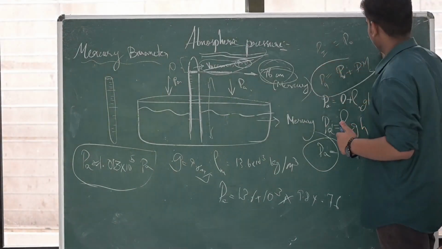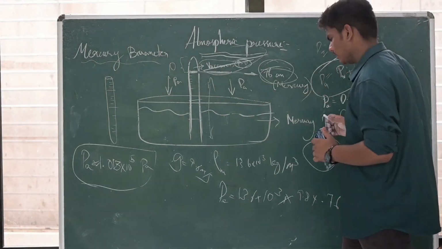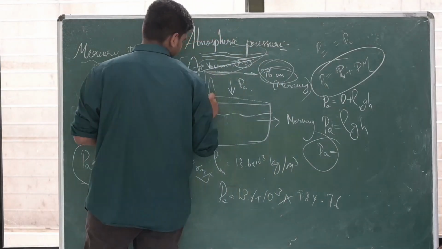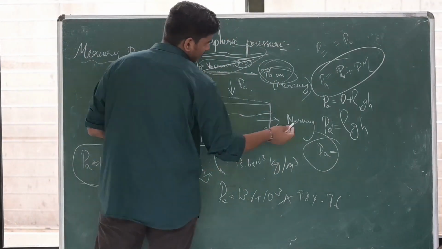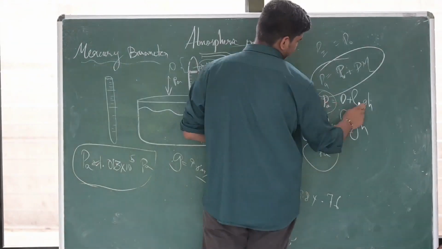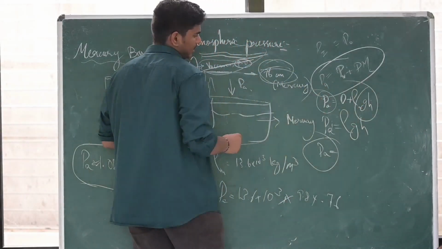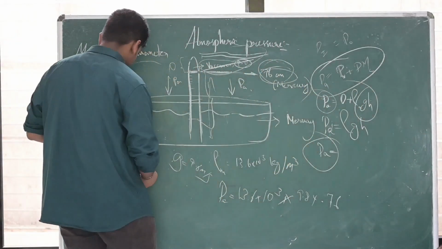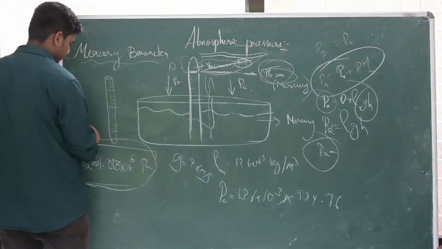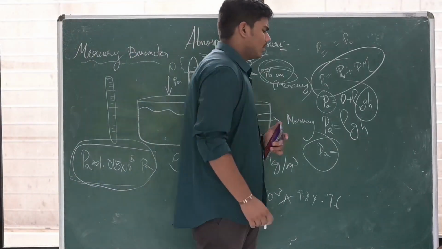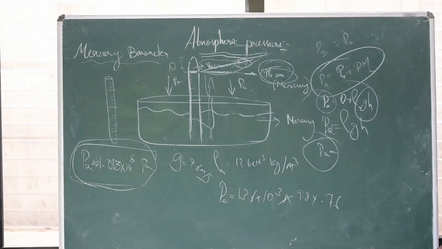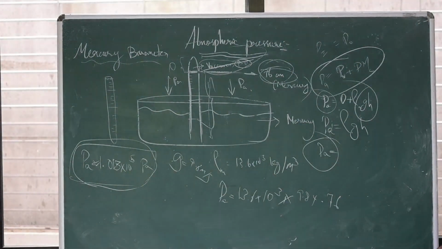So pressure of atmosphere is equal to pressure of vacuum plus pressure of mercury column, and we know that pressure is equal to rho GH. So PA is equal to rho GH. Pressure of atmosphere is equal to 1.013 into 10 power 5 pascals. What was another device used? It was the manometer. Let us look at what that was.